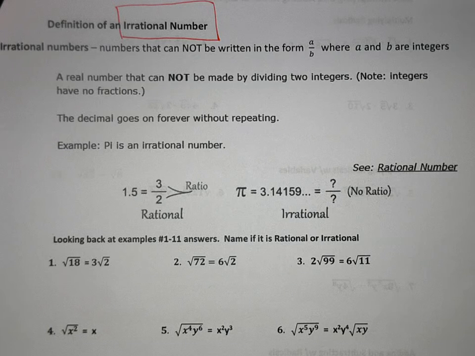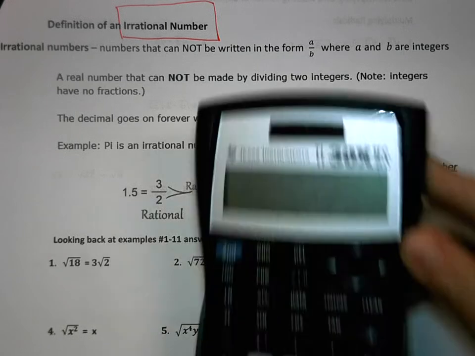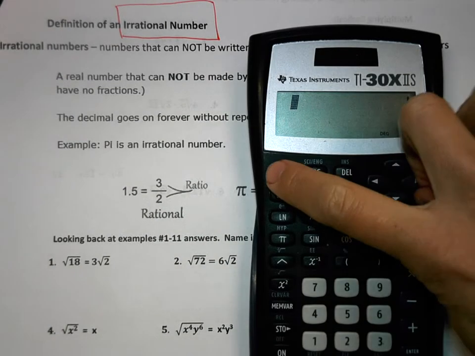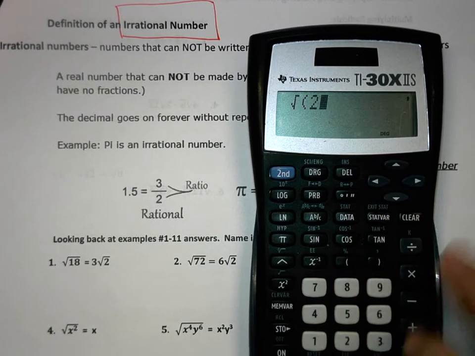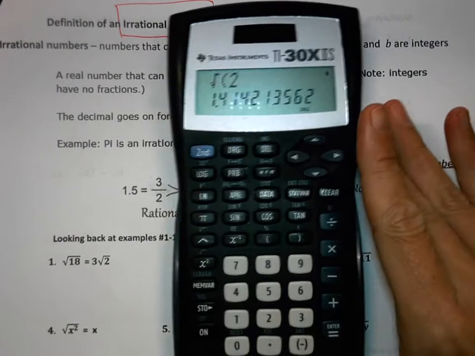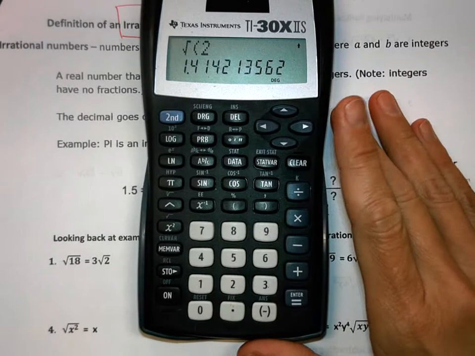Also, any number that's under a square root, if it can't simplify, is an irrational number. I just want to show you here. Let's do the square root of 2, because that can't be taken out. Do you see how there's nothing repeating there?